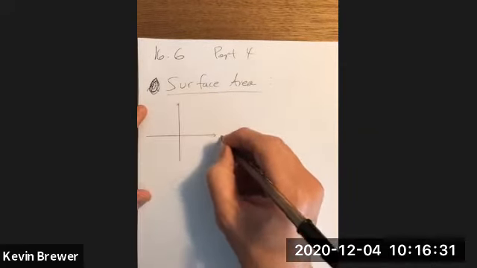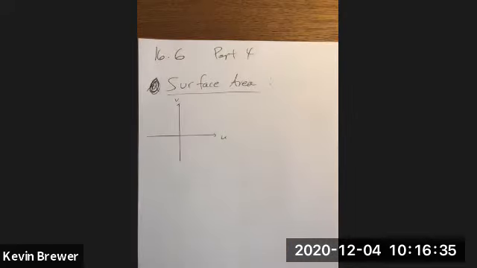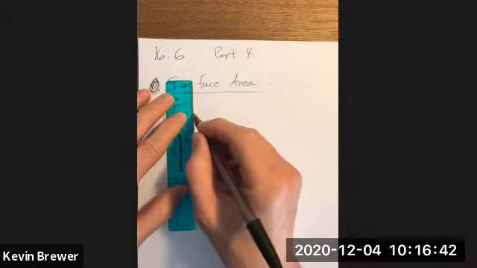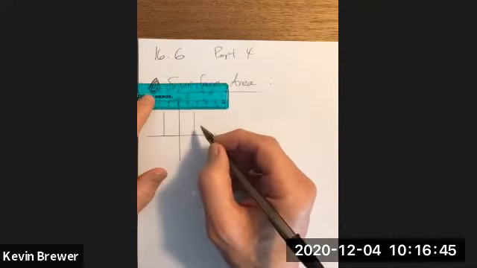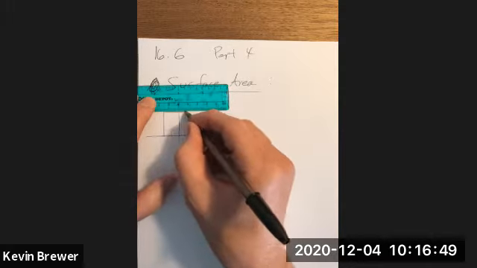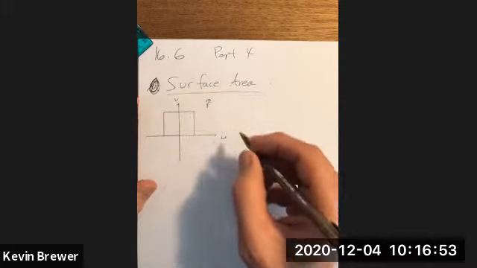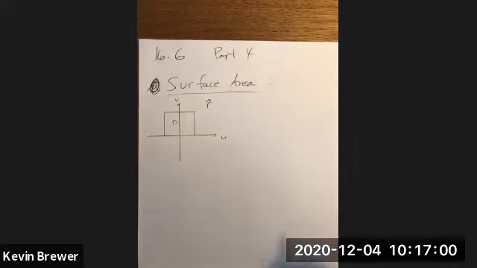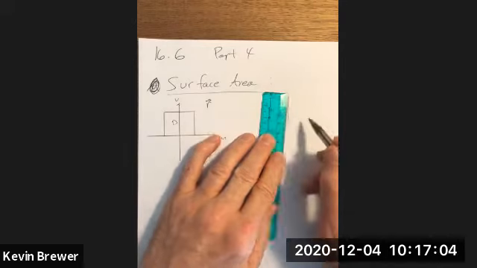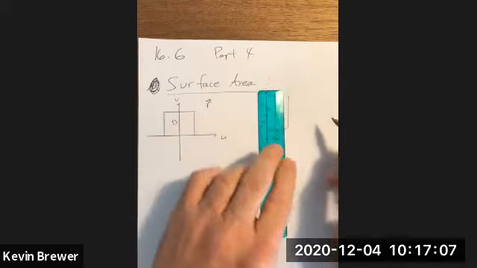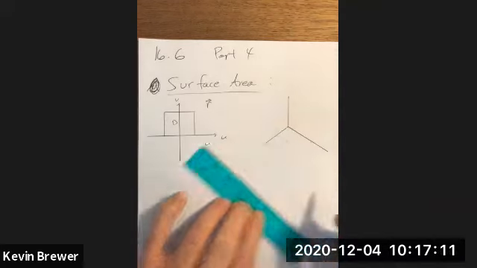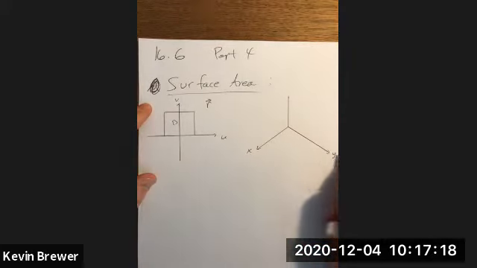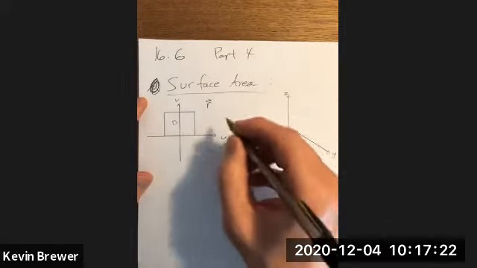So we can draw out the u, v coordinate system here, and let's just say that in the uv coordinate system, the domain of R is some rectangle D, and that R then is a function which goes from the uv plane to the XYZ coordinate system.